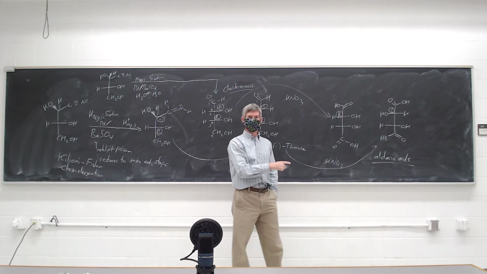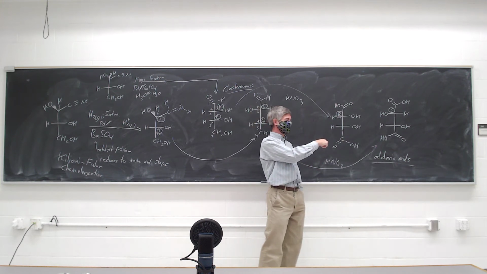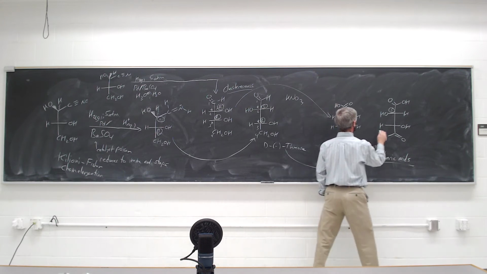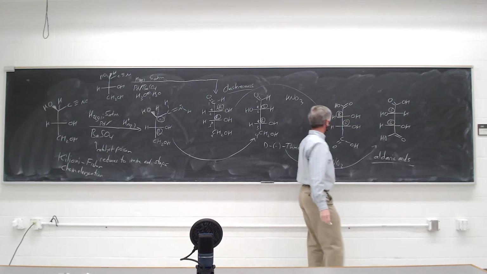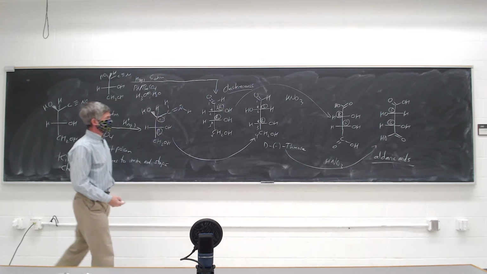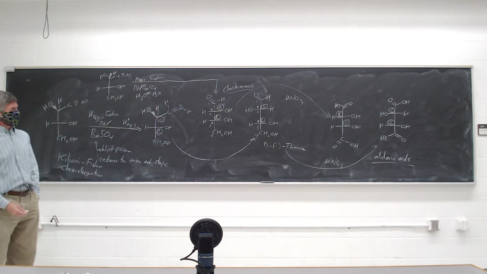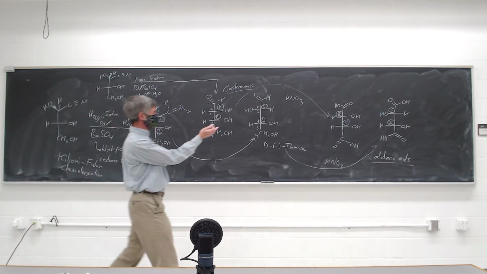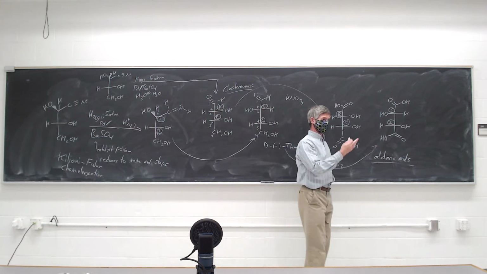This one isn't. We've just changed our priorities. This is now higher priority than that. So now that's the S stereocenter. So one of those is the SS isomer, the other one is the RS isomer. They're diastereomers still. How are we going to distinguish these two? So we can tell which one came from which.